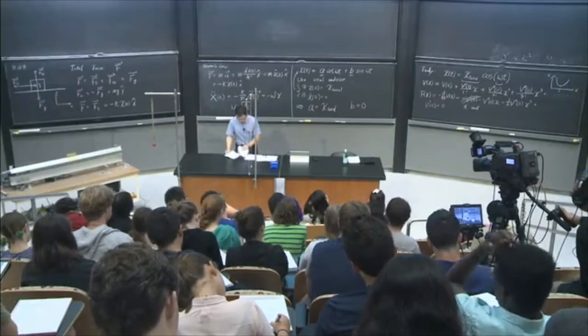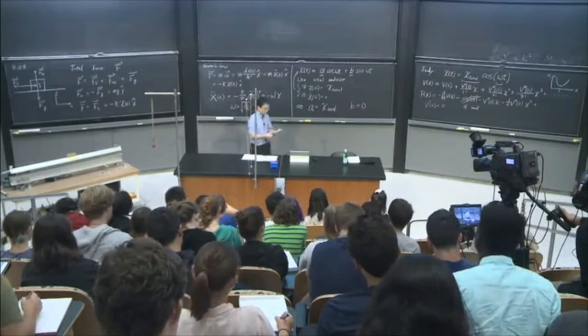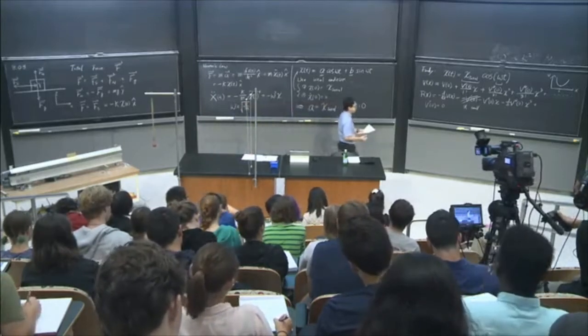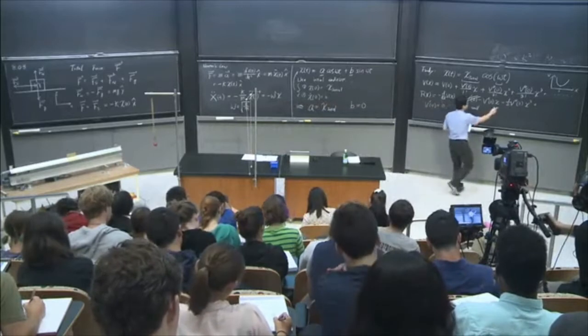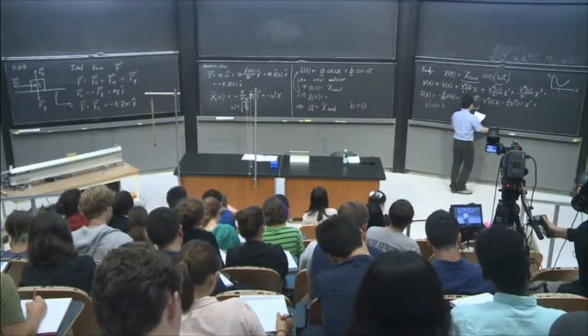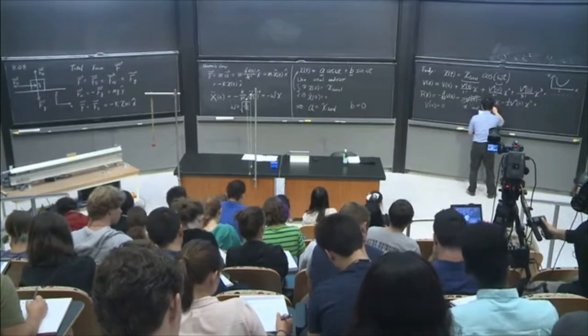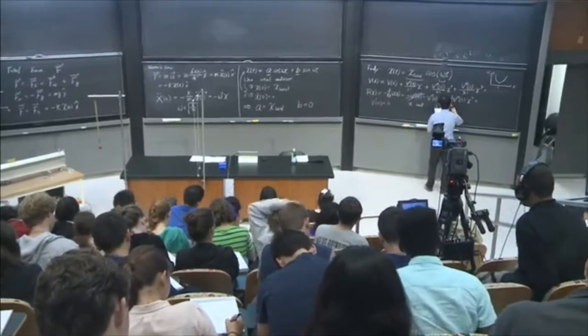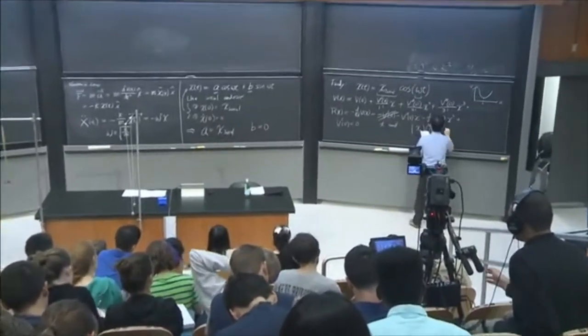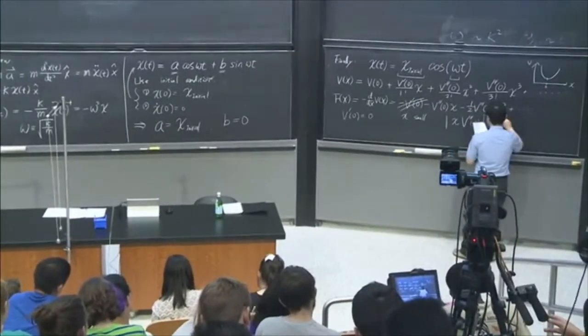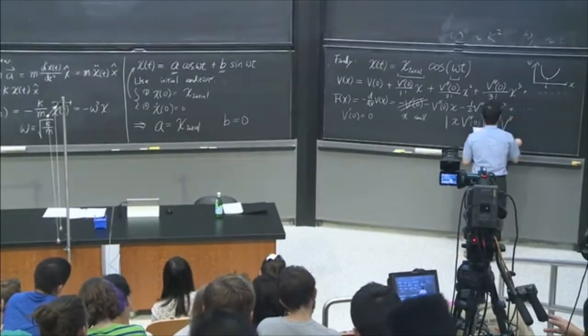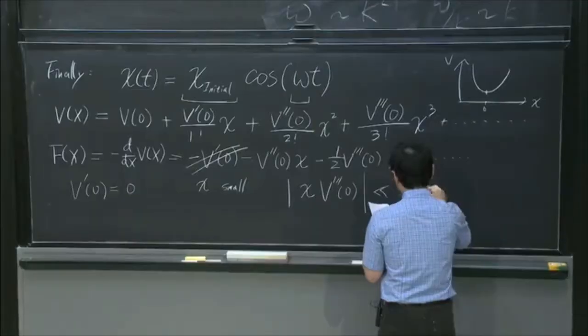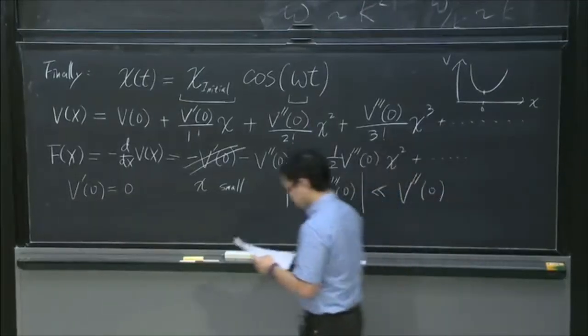Actually, what you can do is take a ratio between these two terms. If you take the ratio, then you get a condition: x V triple prime 0 should be much smaller than V double prime 0.